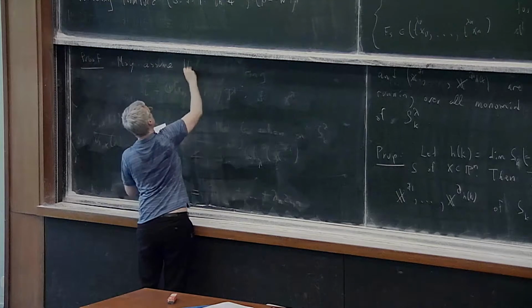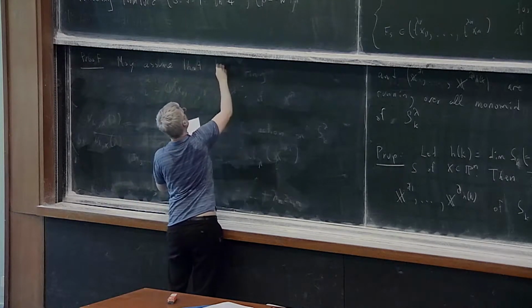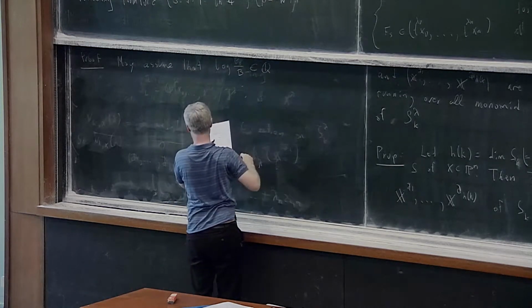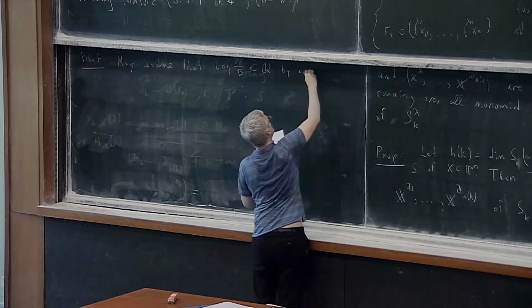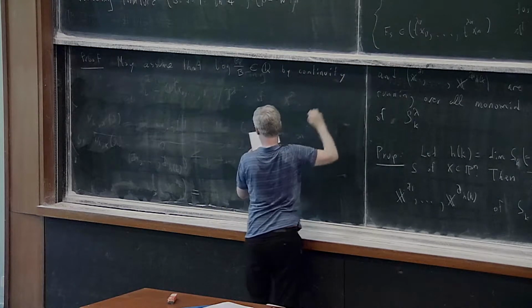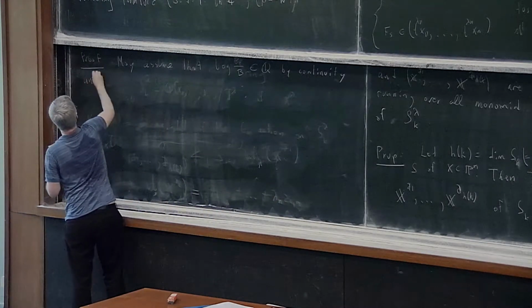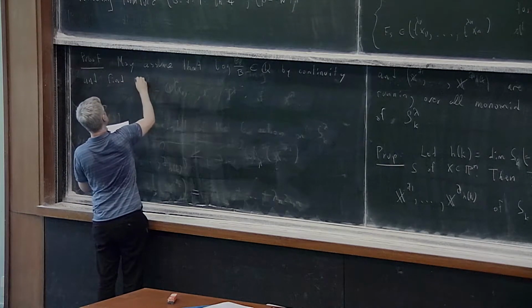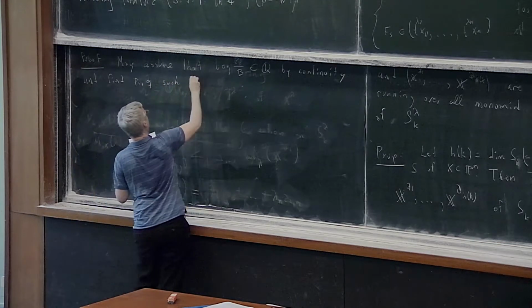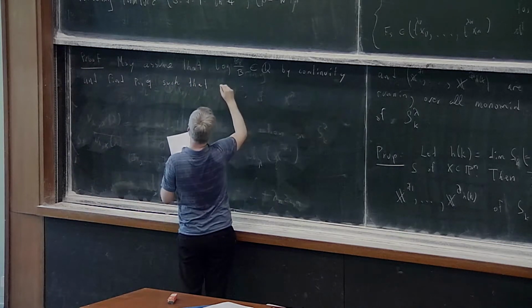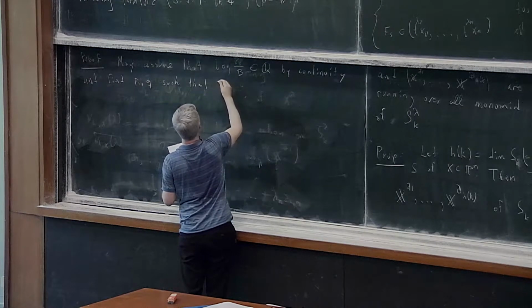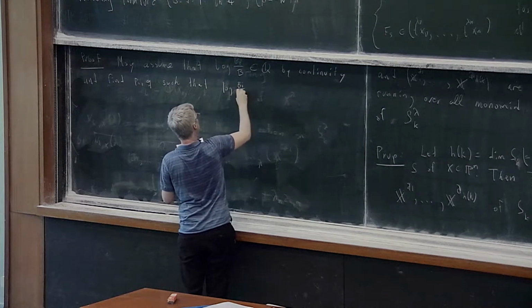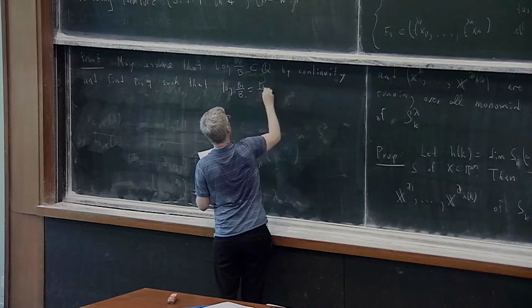So by continuity we may assume that the log b_i belong to Q, and find p_i and q such that log b_i of B is equal to p_i divided by q.